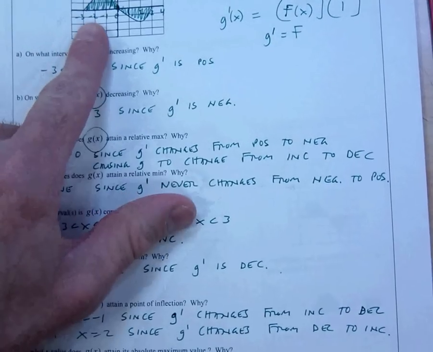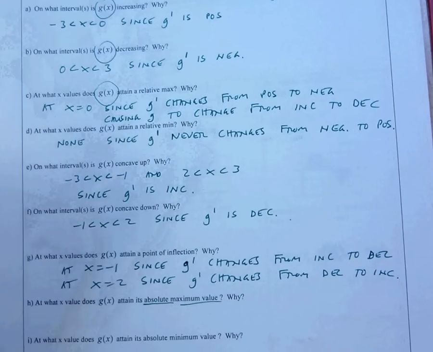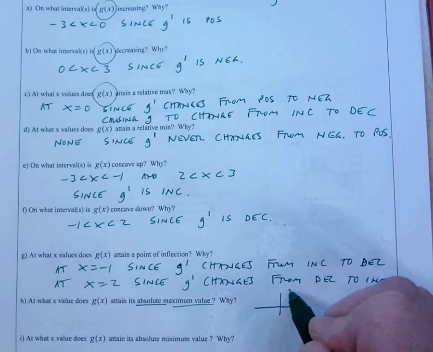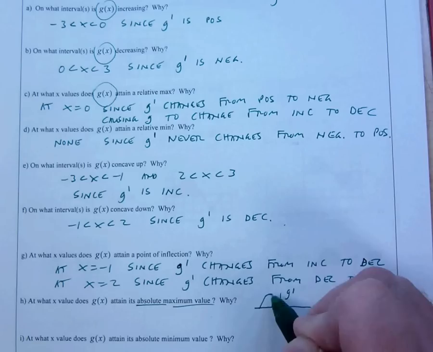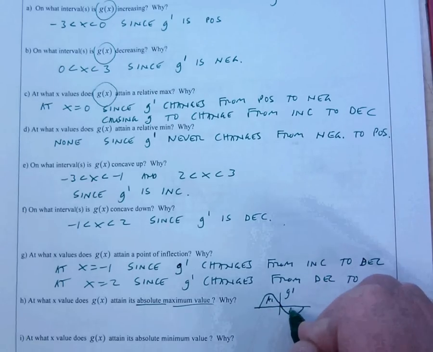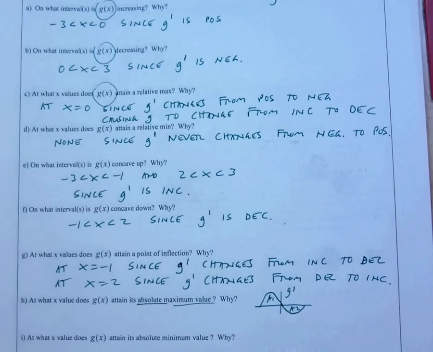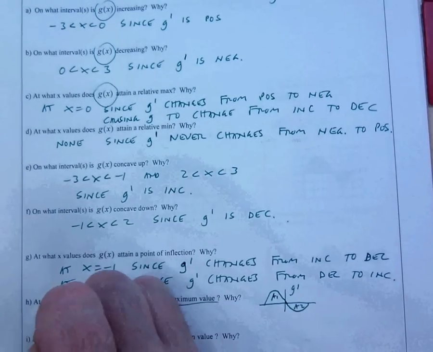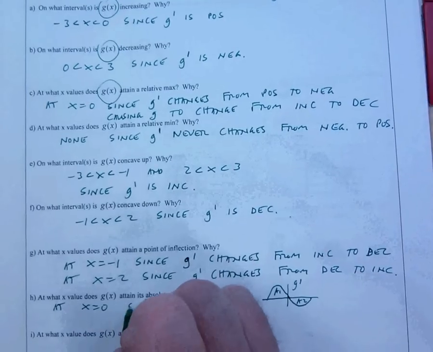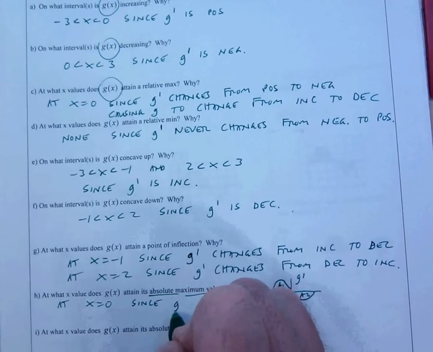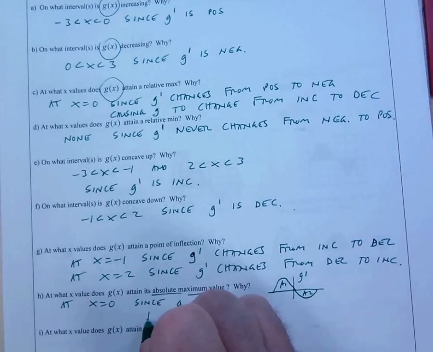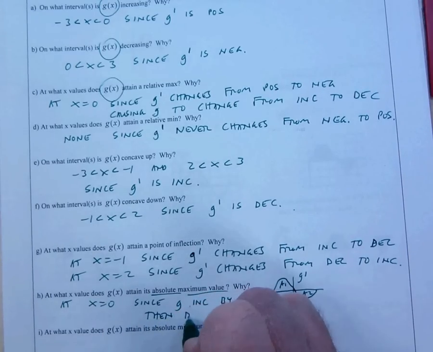All right. And so here's how I would explain it. I would draw a little graph. So you could say at x equals 0, since G increases by area 1, then decreases by area 2.